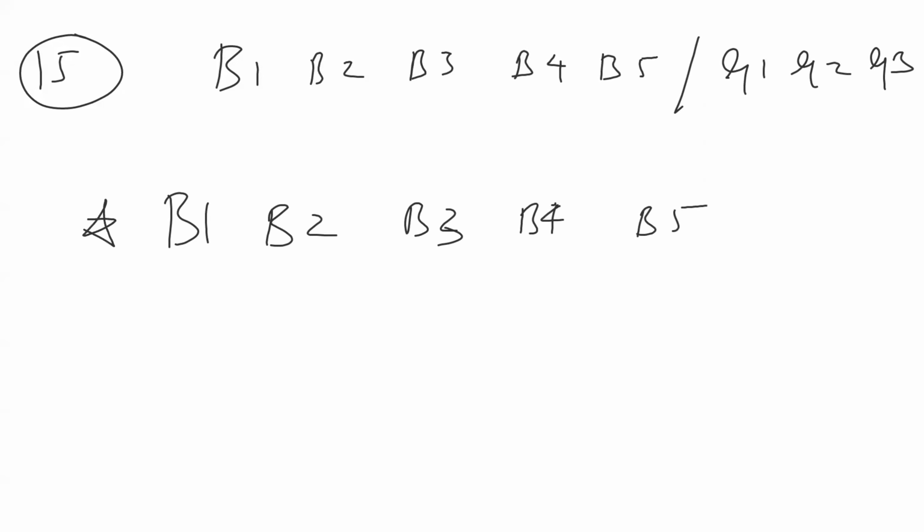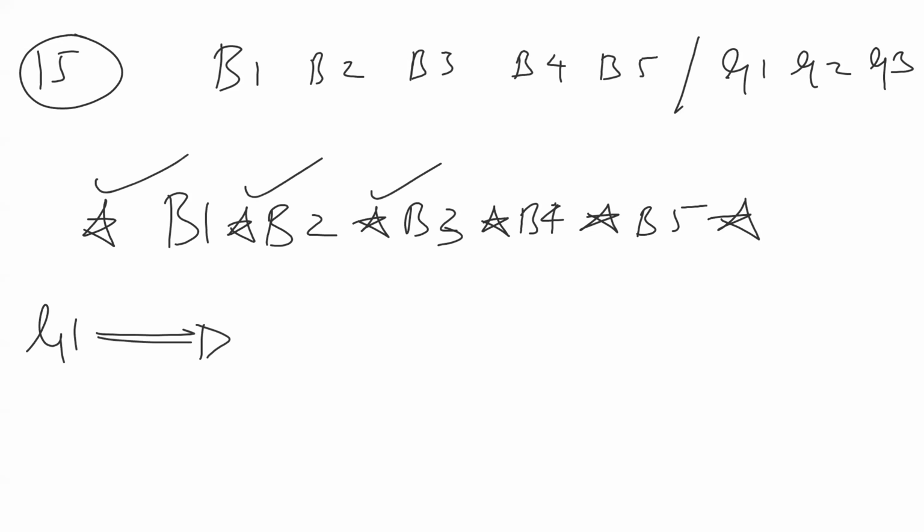Now the star is the place where girls can stand. No two girls are supposed to be together, meaning they will be separated by a boy, or they can also be at the end points, at the extremes. So girl 1 can be arranged in one, two, three, four, five, six ways.